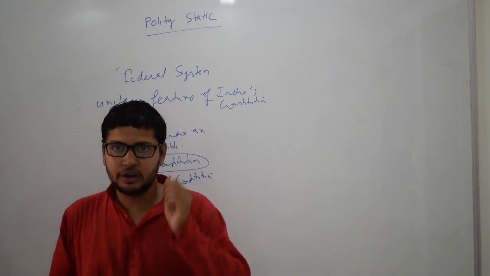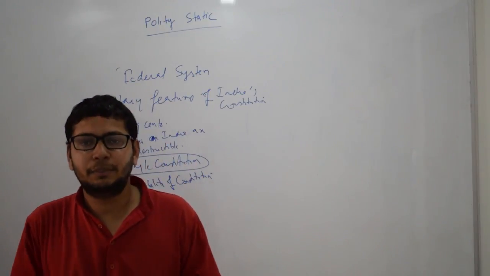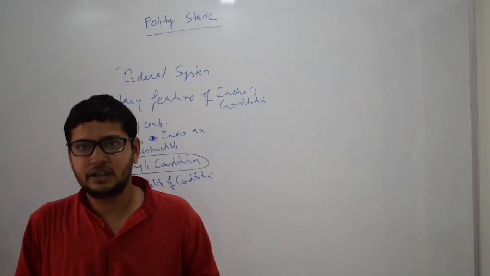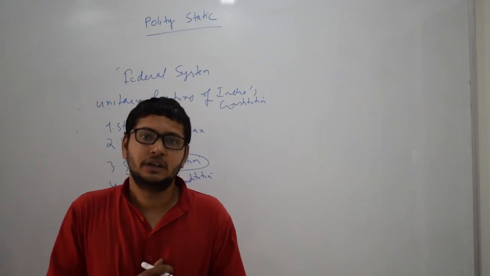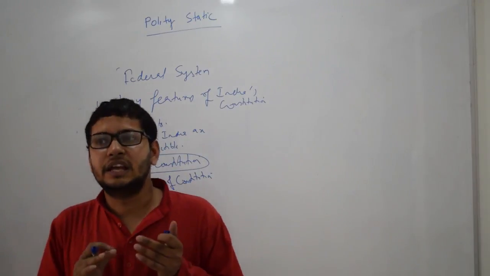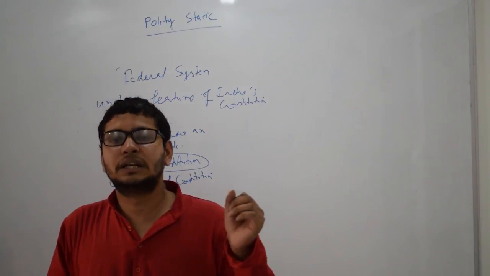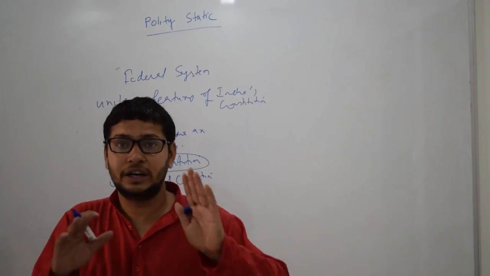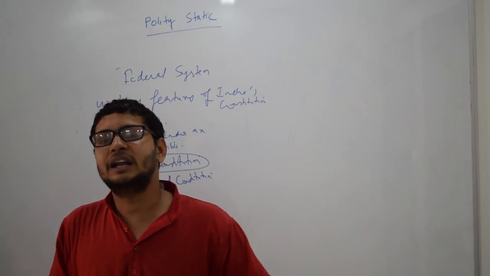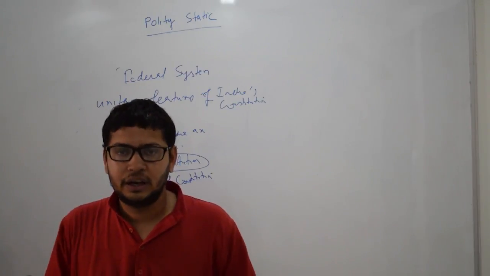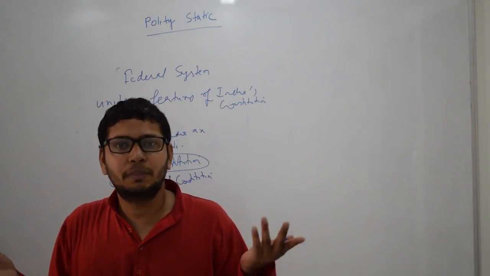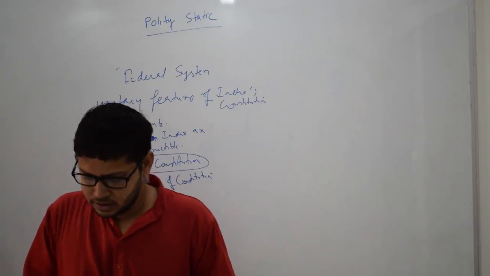States could be destroyed very easily by simple amendment. So this makes it a very unfederal or non-federal feature, because generally in federal countries, first of all, the center cannot dissolve or destruct or increase or decrease the area of a state. And secondly, even if it does, the amendment process would be very tough. In India, you just require simple majority, right?